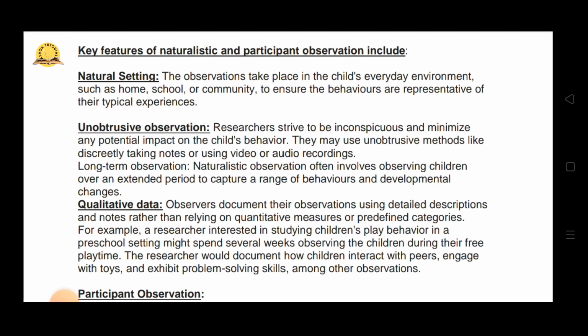By natural settings we mean the child's everyday environment. I already explained this in the introduction. So how the child behaves at home, at school, and in the community, with peers, friends, and elders, is being studied here.